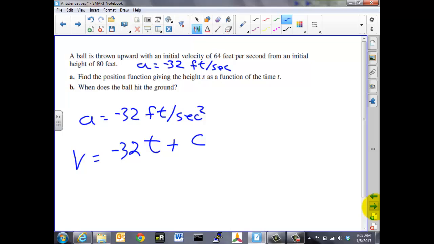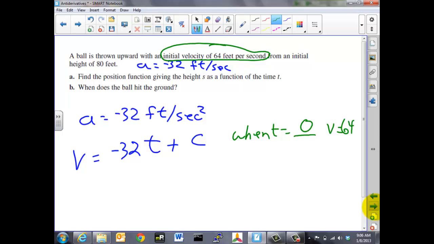What do we know? We know the initial velocity is 64 feet per second. What does that mean? When t equals something, V equals 64. What is t? Initial, we normally would consider that 0. So when t is 0, V is 64. You with me on that?